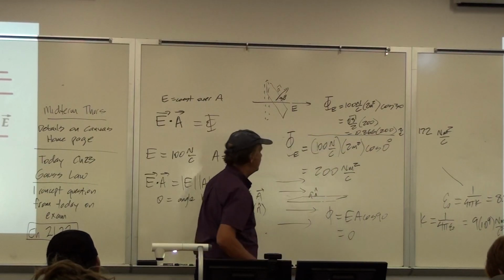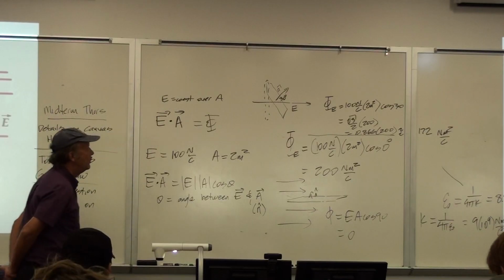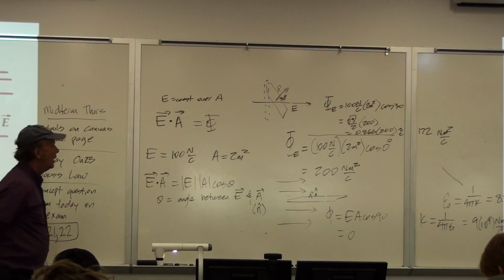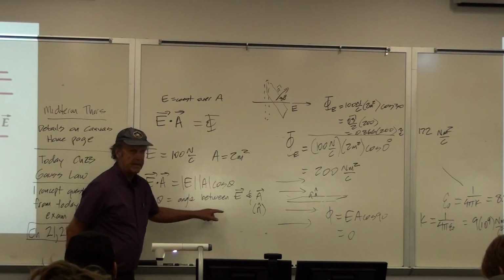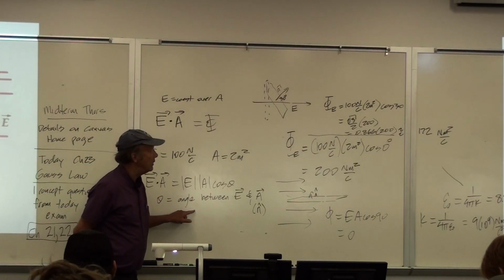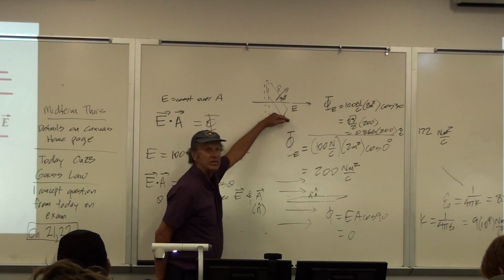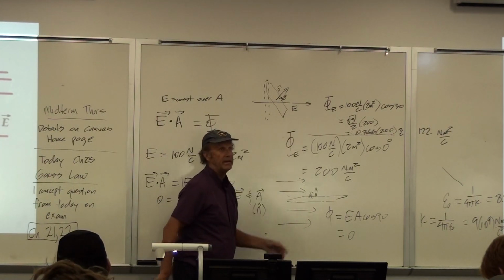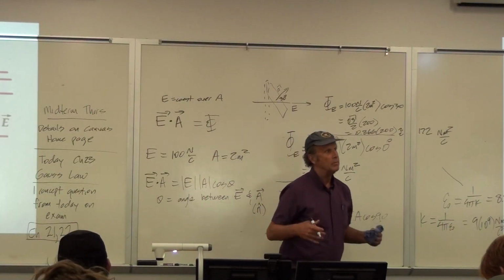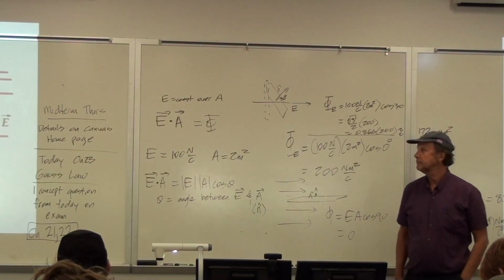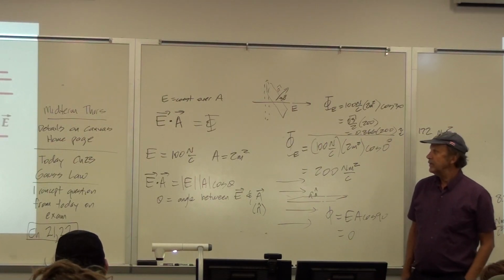So the minimum amount of flux happens when the electric field and the unit normal are oriented at a 90-degree angle to each other. And this is normally what we'll see. It's either this or it's that. It's usually not something in between for the kinds of problems that are most easily solved using Gauss's law. So that's the way to work with flux.